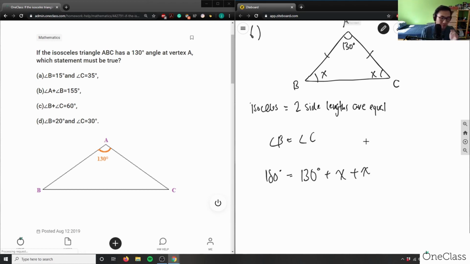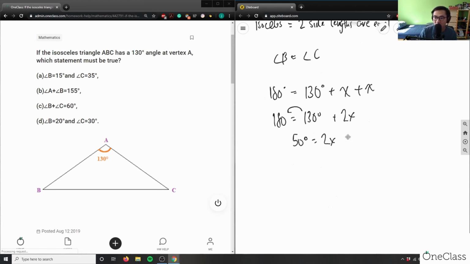So 180 equals 130 plus 2x. If I move this over, 180 minus 130 equals 50 degrees, equals 2x. Then I can simply divide both sides by 2 to get x equals 25 degrees.